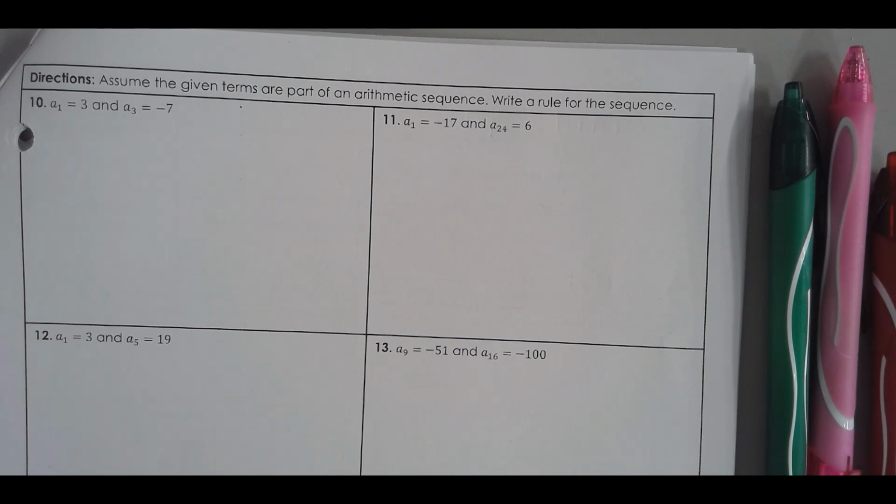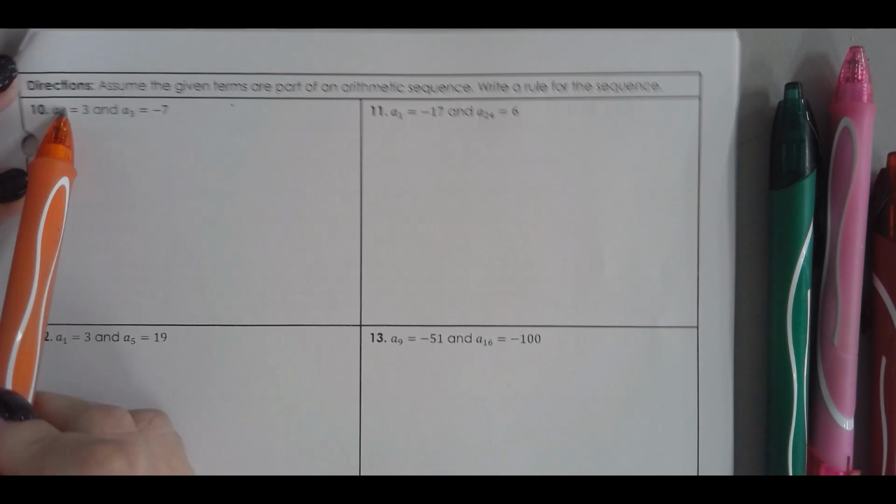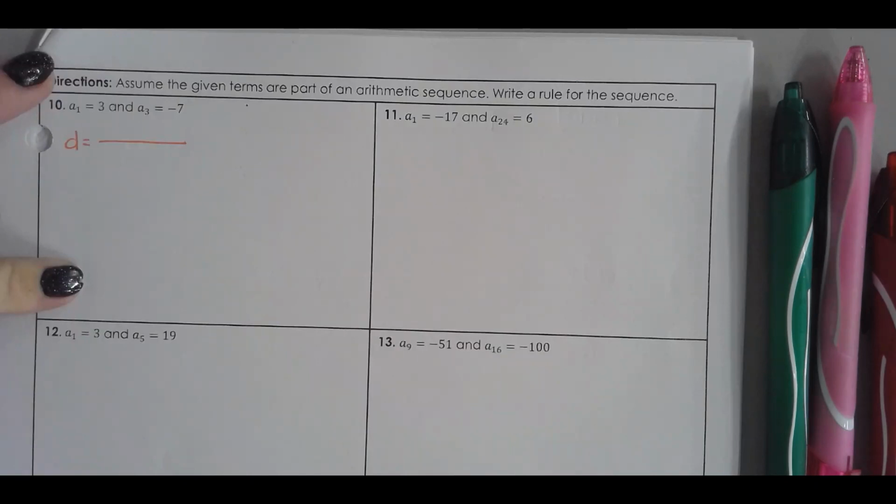A1 and common difference. Do I have A1? Yeah. Good. Do I have the common difference? No. From first to third term, you might could figure that out. The 24th term, that might be a little harder. So here's how you find the common difference. It's the same concept.